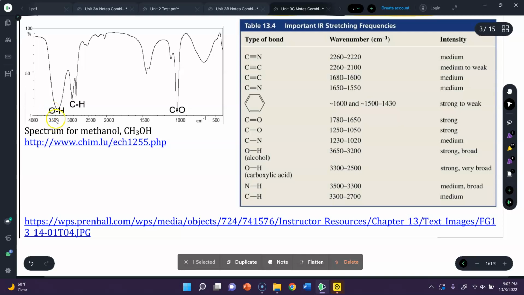Okay. You do not need to memorize these. This is just to give you perspective on what it's talking about. So type of bond is the functional group. This is where the peak would be located, the wave number, and then the intensity is describing the type of peak or the shape of the peak.